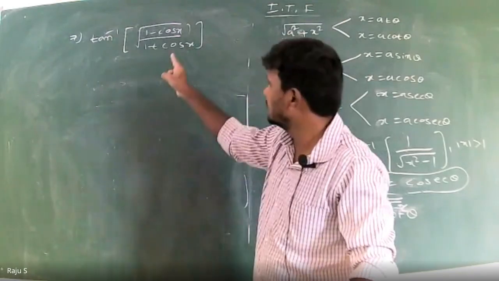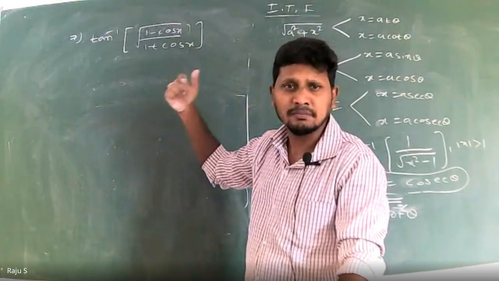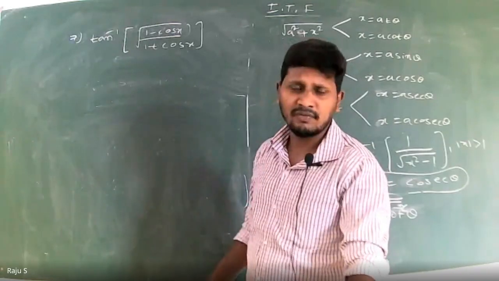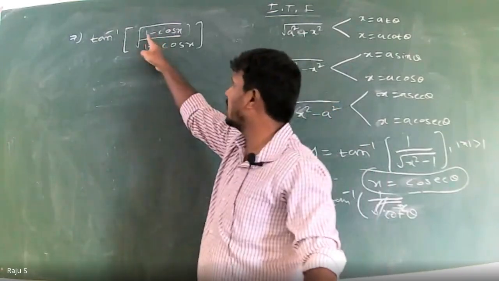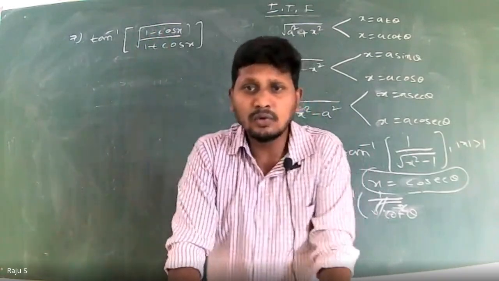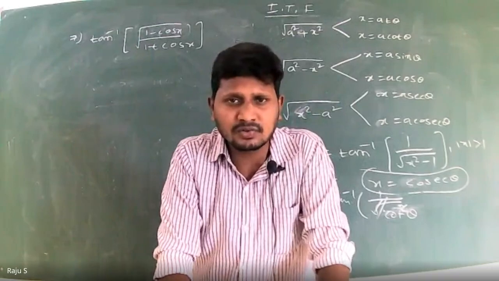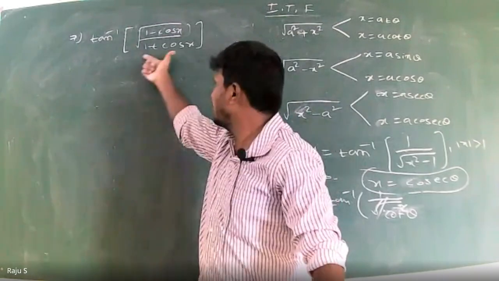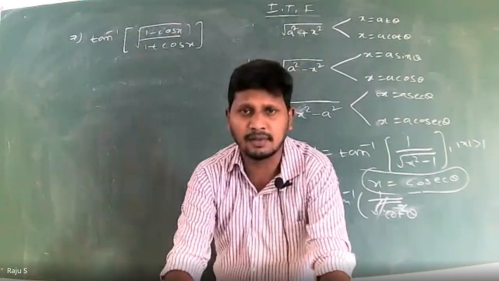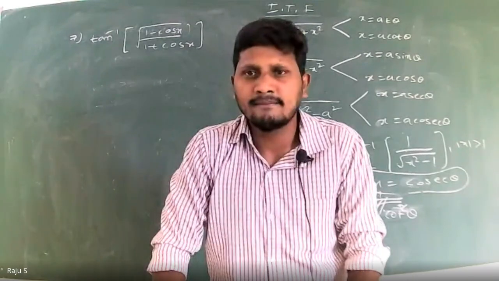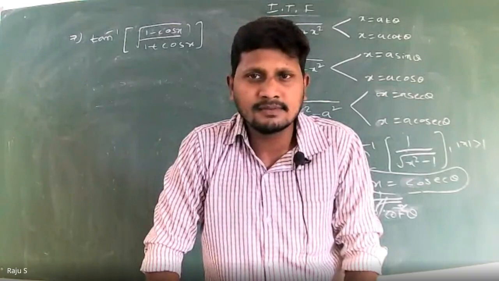See here, how can you simplify this? To simplify this, you should know the formula. What is 1 minus cos 2 theta, and in the denominator, 1 plus cos 2 theta? What are the formulas?